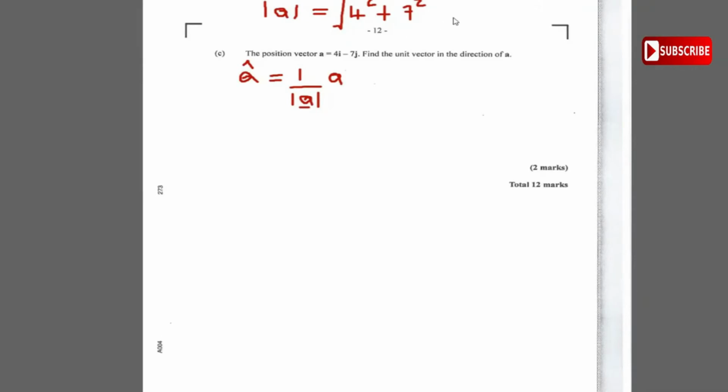So the magnitude of vector A is the square root of 65. Nice and easy. All right, so this is 1 over the square root of 65 multiplied by vector A. And vector A is, of course, 4i minus 7j.